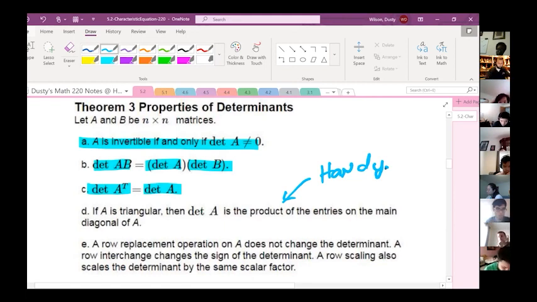They're just trying to hand you a whole bunch of stuff. And then this E part is just a reminder of how the determinant is impacted by the row operations. Another pro tip.